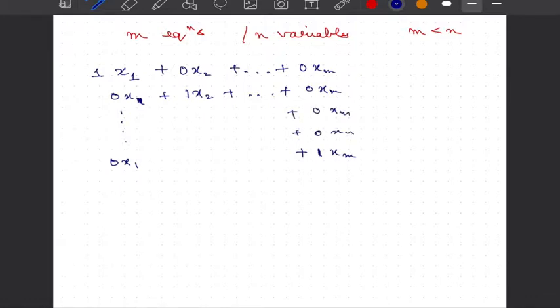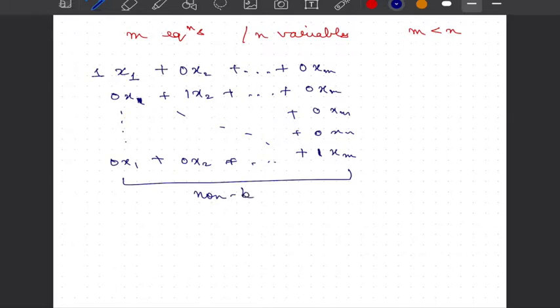So this is for those variables which we would declare as basic, because we want our first solution to be readily available.